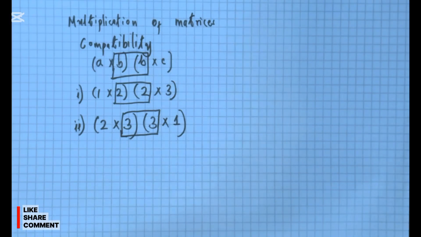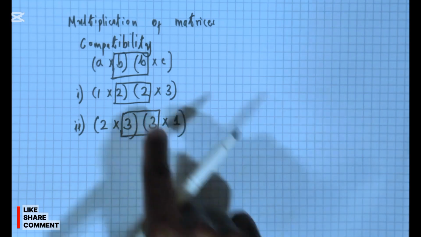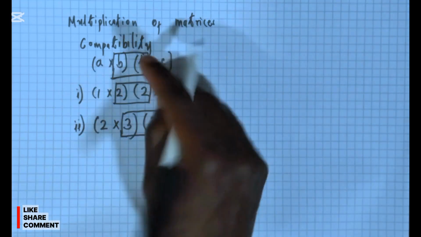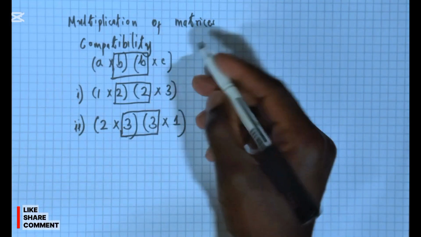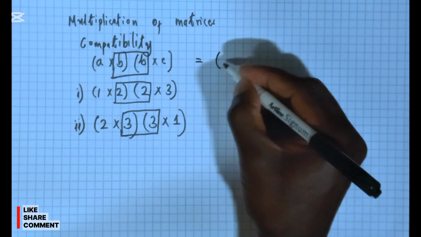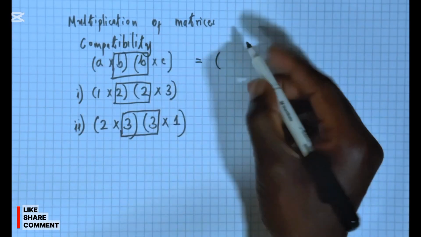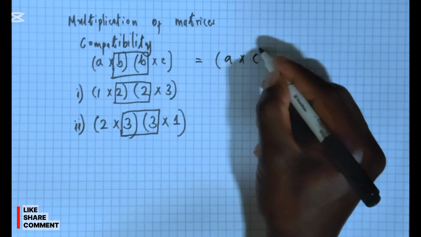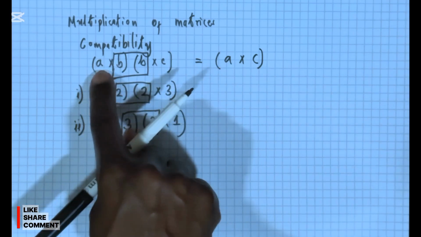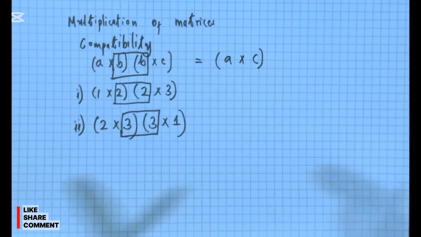Now that they're compatible, we can also tell how the resultant matrix will look. So in this particular case, if I was to multiply these matrices, it would give me a matrix of order A by C. The resulting matrix will be of order A by C, these remaining letters right there.